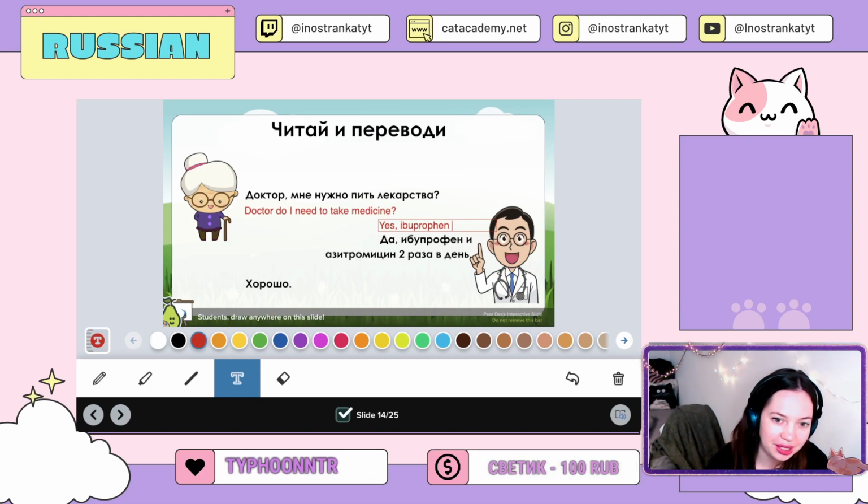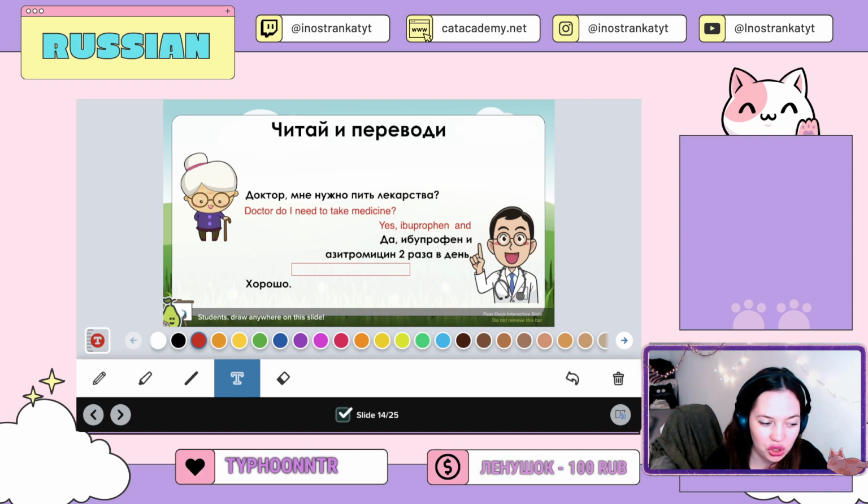Please check the name of the medicine later in English. And okay, azithromycin. Not sure how to spell it at all. Azithromycin. Okay, whatever, it's just the name.